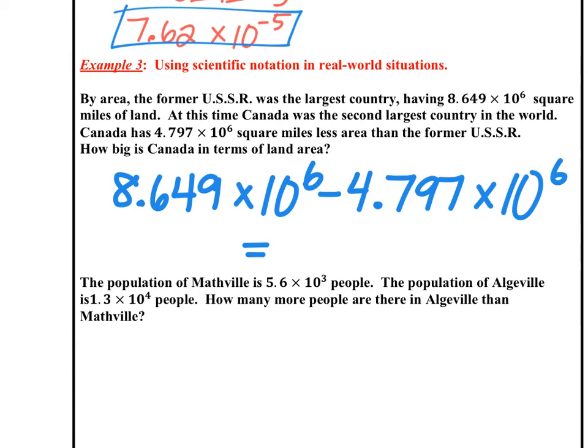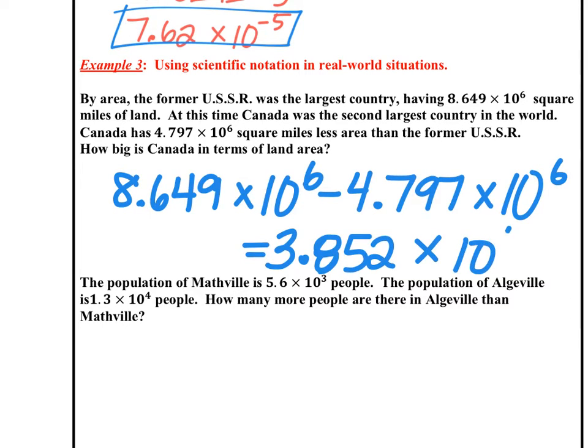Would you please type it in your calculator if you have not already? 852. Do I leave it in terms of scientific notation? Yeah, leave it in terms of scientific notation. So 3.852 times 10 to the 6th.